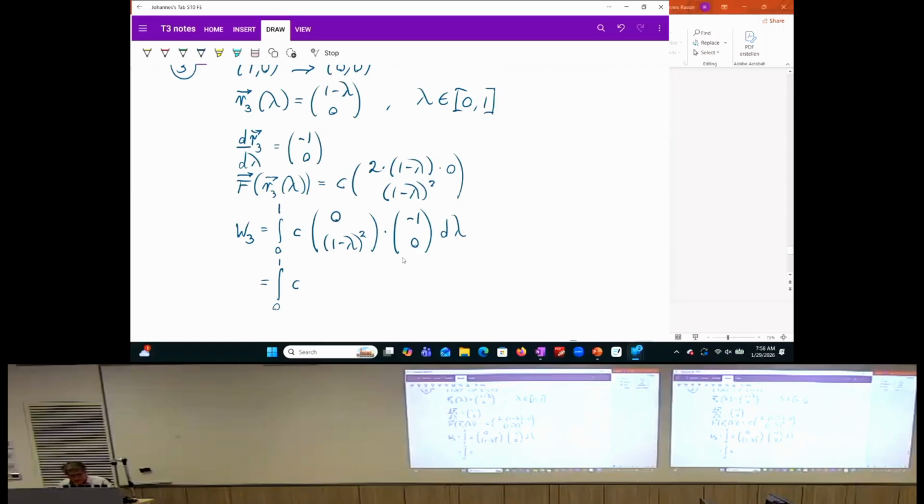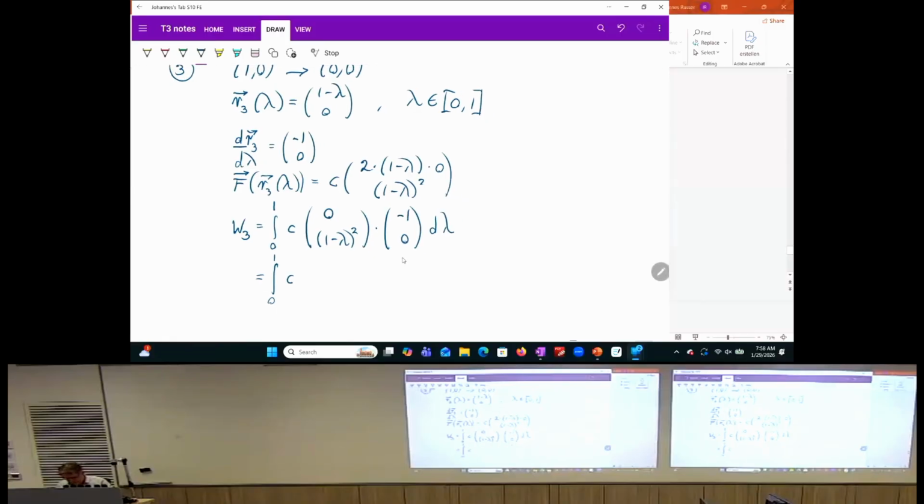Let me write that also in a different way to appreciate it from a different perspective. I can write the force field now as 1 minus lambda squared, and it has only an EY component, and the tangent vector is minus 1 times the EX component.